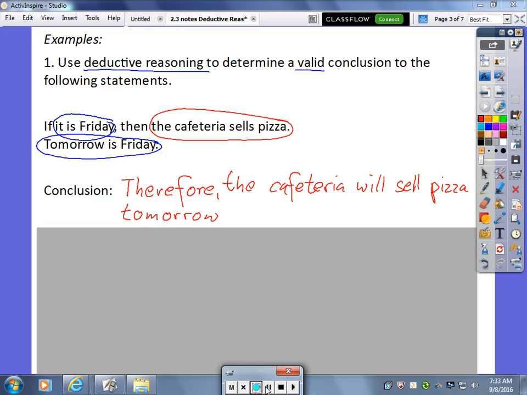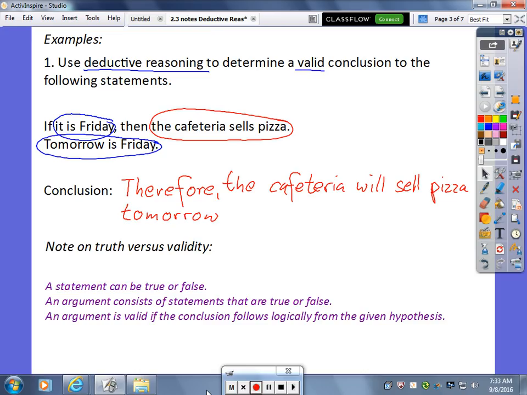Okay, let's think about truth versus validity for a moment. A statement can be true or false. An argument consists of various statements that are true or false. So in the example above, we have statements, right?